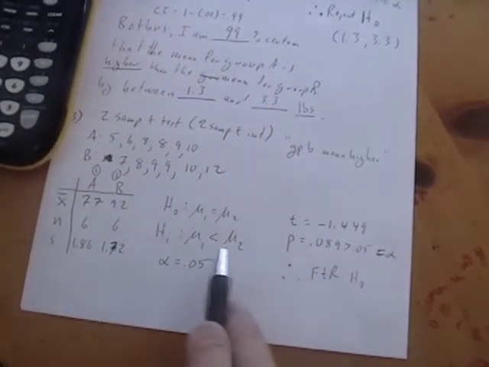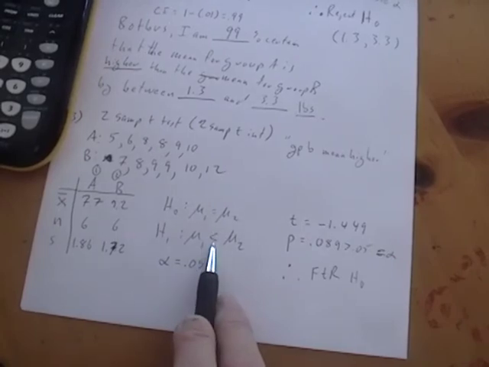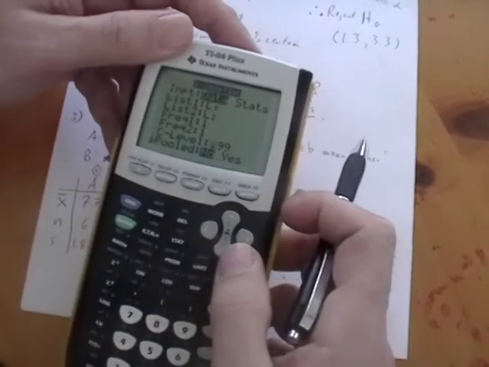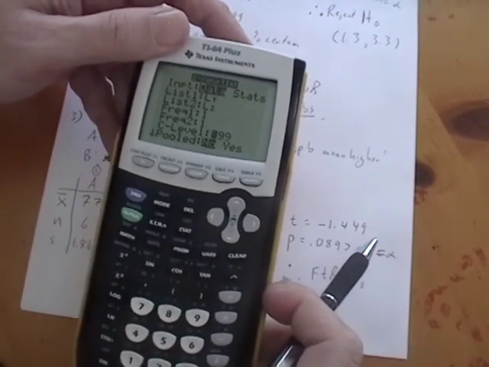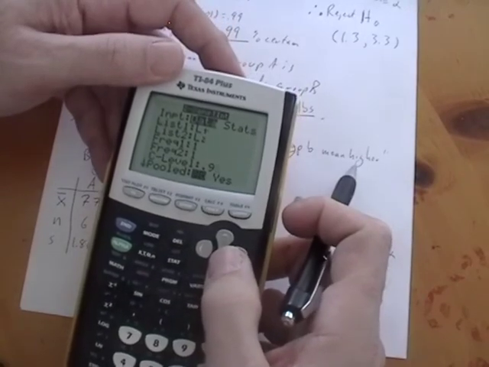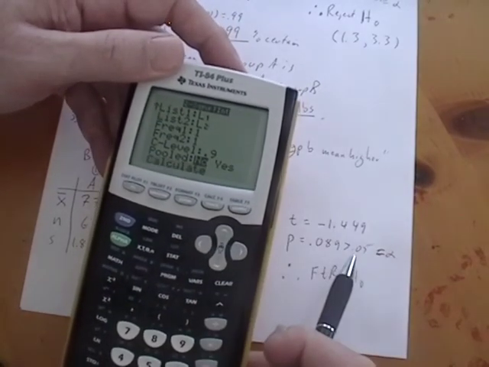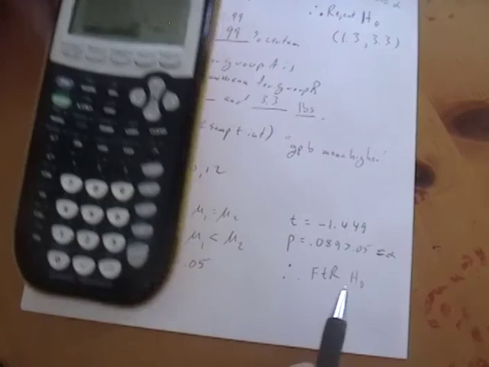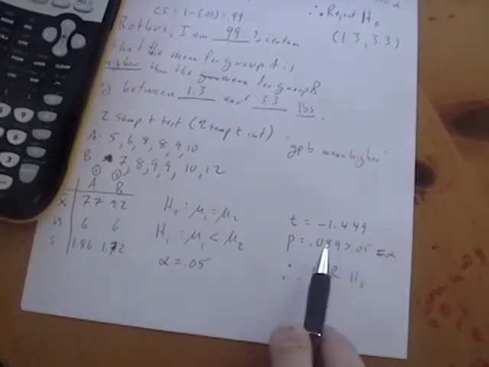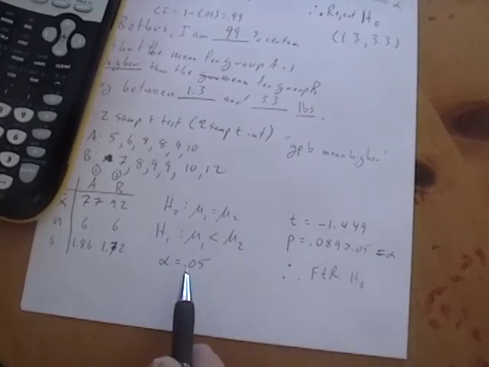For confidence level, remember that this was a one-tail test, so I have to double alpha and subtract it from 1. So my confidence level is going to be 0.90. Pooled? No. Calculate? Yes.